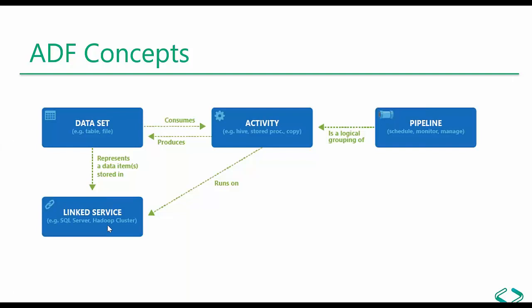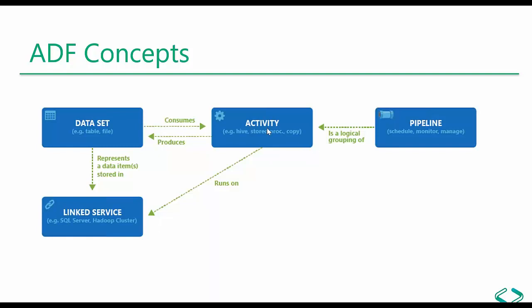Then that is pulled from a linked service, which is the actual SQL Server, a Hadoop cluster, AWS, you name it, just wherever that lies. It can actually be on-prem as well, as we'll get to. And your network structure, your file structures, that's all there.